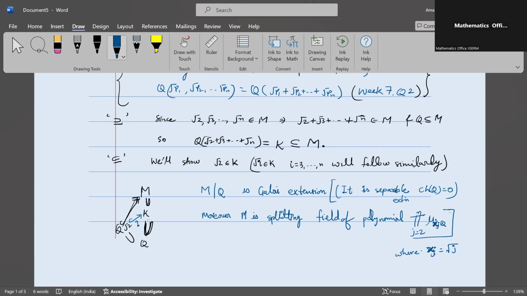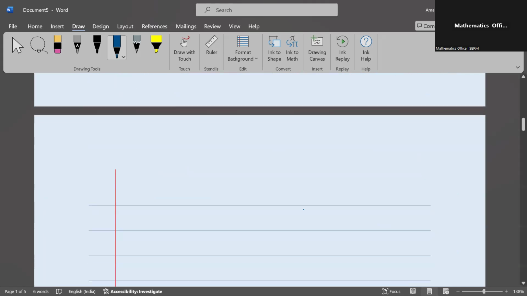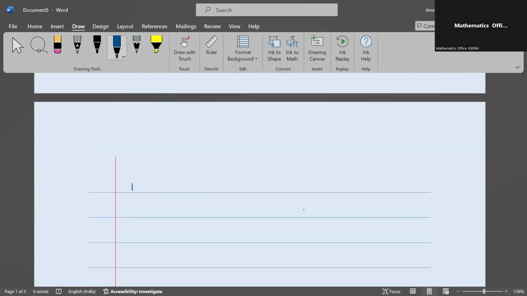So here in particular, what is M exactly? M is Q(√2, √3, √4, and so on up to √n), and this is the same as what we have done in part A. Why is this so?